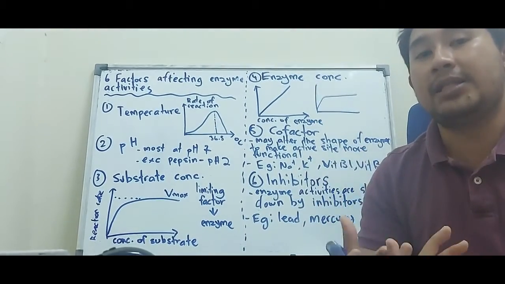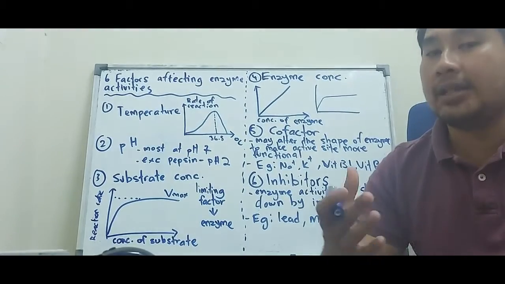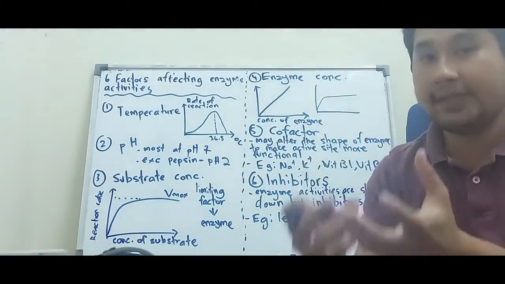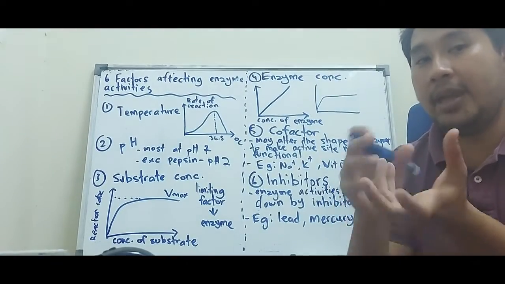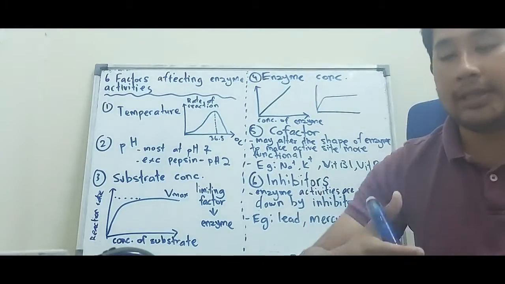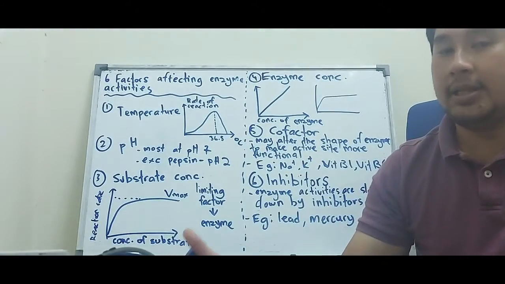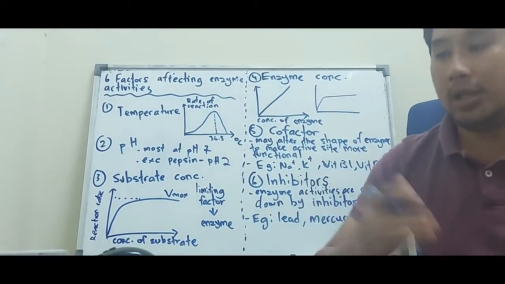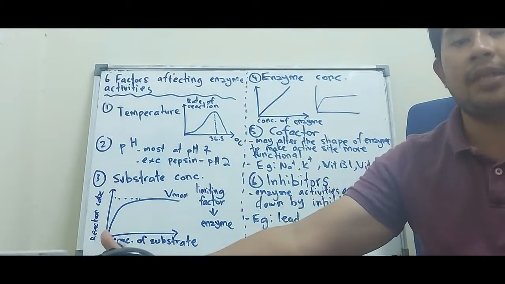If collision happens, you increase the chance of substrate to bind to the active site of the enzyme, and higher chance to form enzyme-substrate complex. When the enzyme-substrate complex is formed, you increase the enzyme activity.